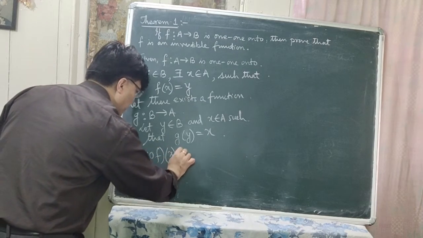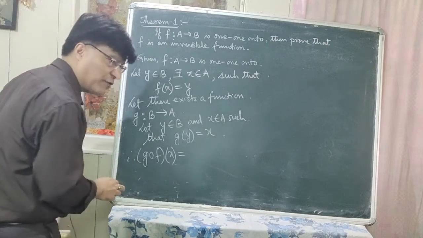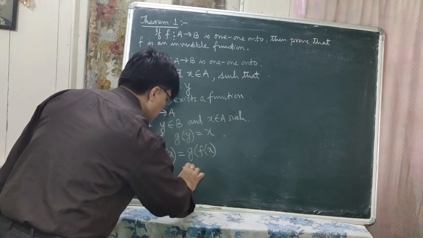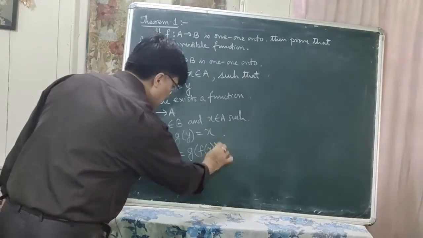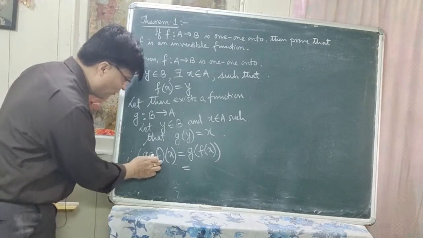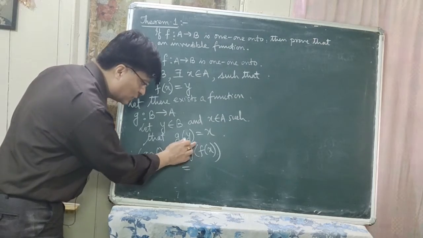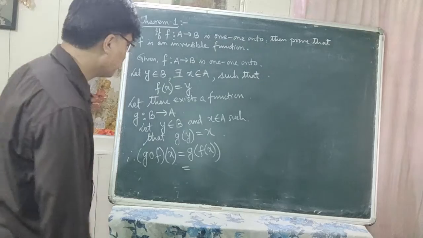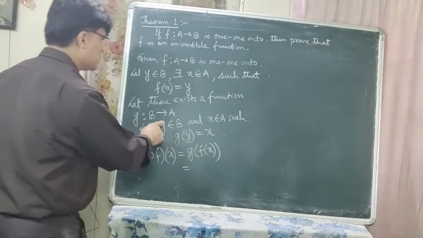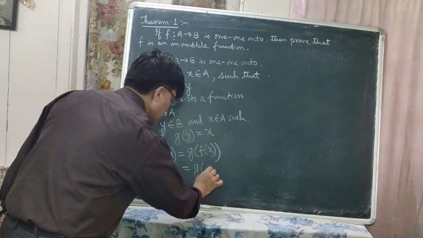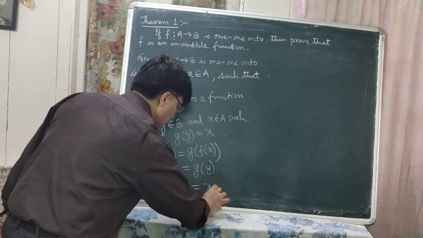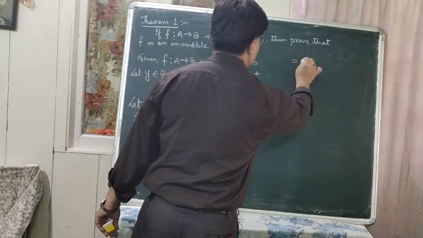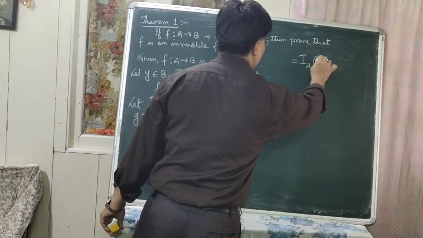Let us find out gof of x. What is gof of x? It is equal to g of f of x. Right? gof of x is defined as g within bracket f of x. This is the composition of functions, right? So g of, what is f of x? f of x is y. So g of y is equal to x. Is that clear? So this x can be written as IA of x.